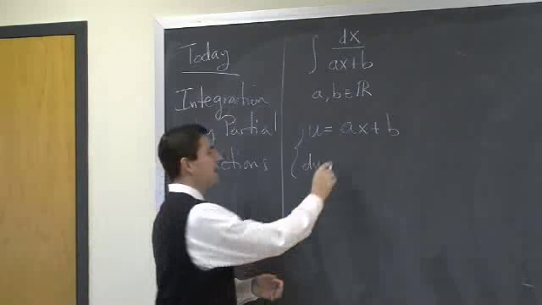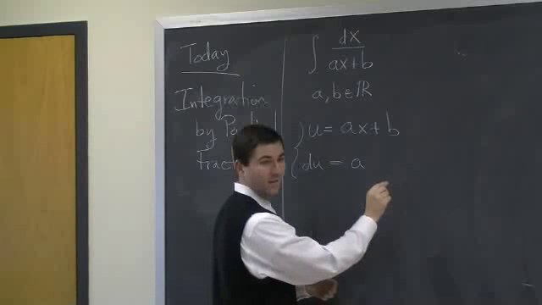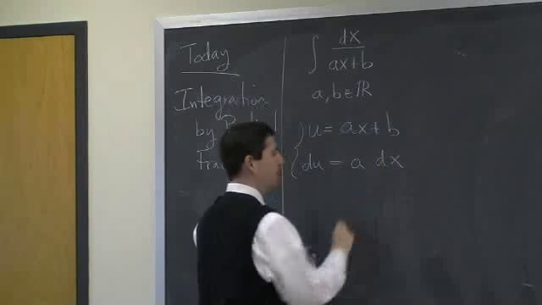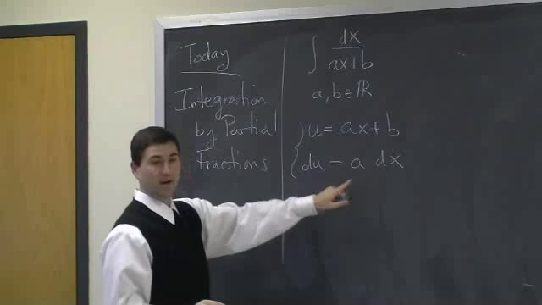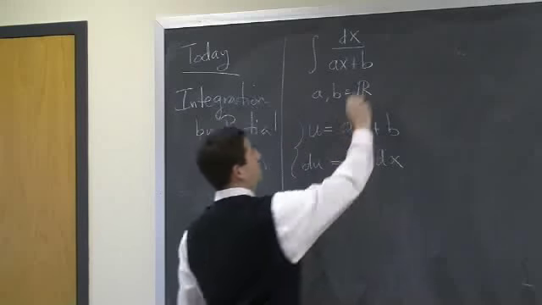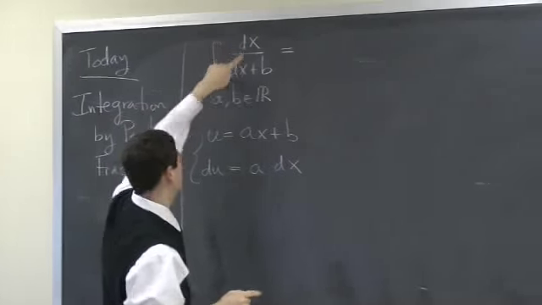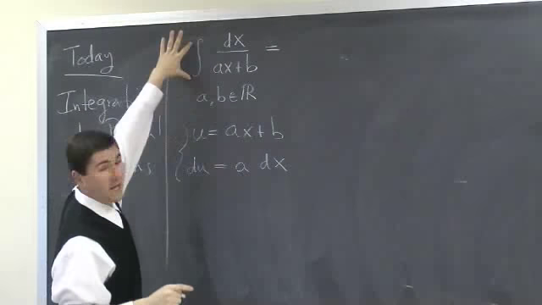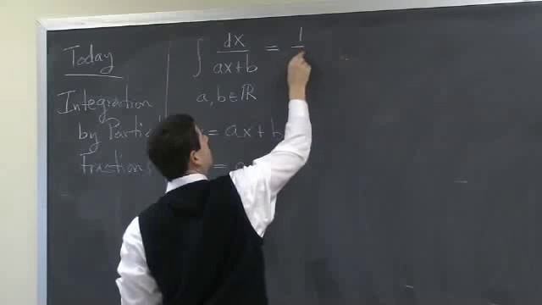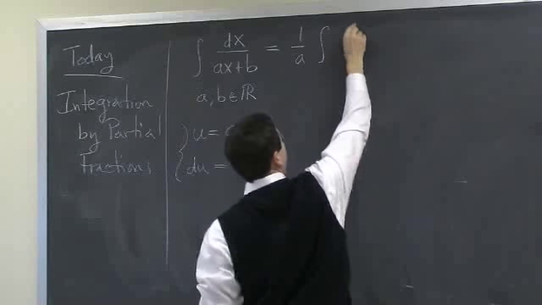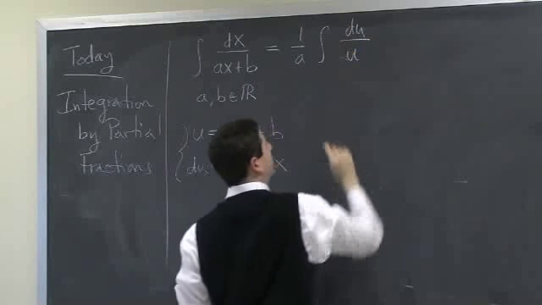Just a, right? A dx. Or if you like, dx is du over a. So we can rewrite our integral as, well, let's see, the dx becomes du over a, and I'll just pull the a out. And I'm left with du over u.